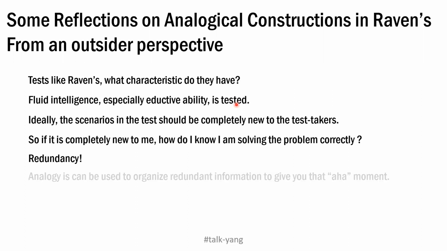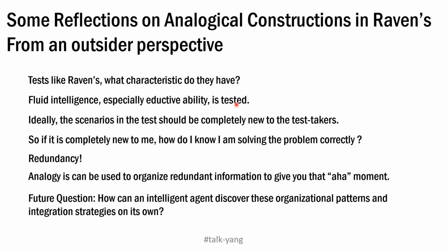At the same time, analogy is such a useful way to organize redundant information to give us that aha moment in the test. And the further question is, how can an intelligent agent discover these organizational patterns and integration strategies on its own?